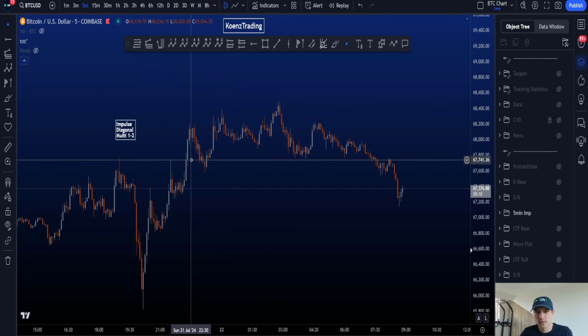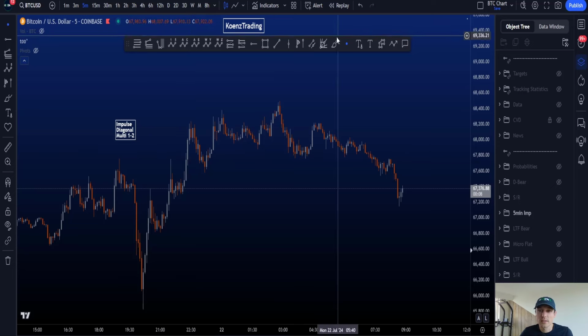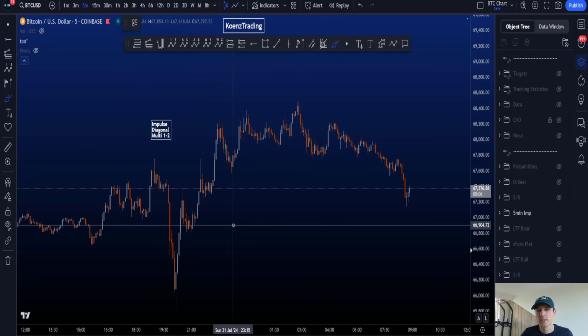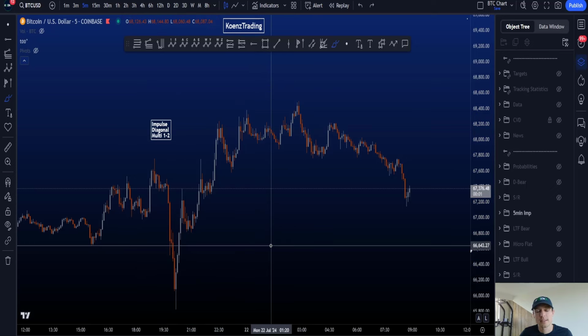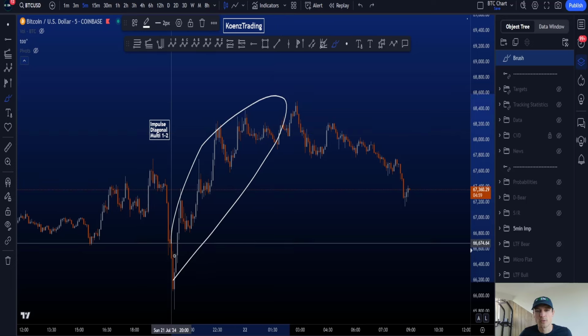If we follow the rules of Elliott waves, the probabilities do increase for a corrective structure to the upside, meaning a zigzag family structure, looking at the angle of this move.